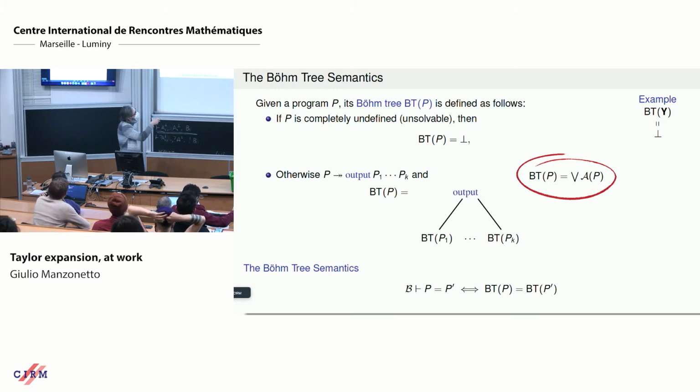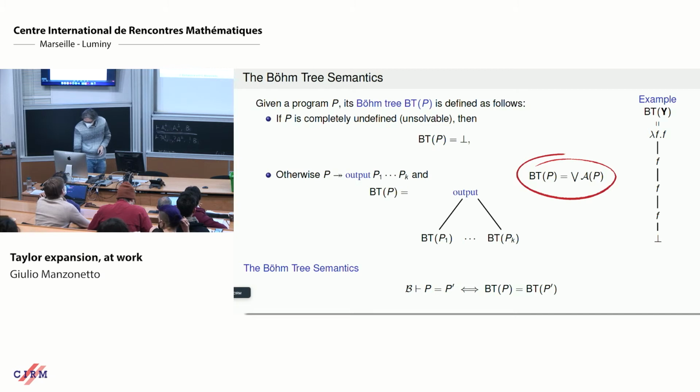So for instance, for the fixed point combinator, you start from bottom, you execute Y, and then it gives a little bit of information, and then you continue, it gives another little bit, and only putting all the information together, you get the infinite tree. So in the Böhm tree semantics, you say that two programs are equivalent if and only if they have the same Böhm tree.